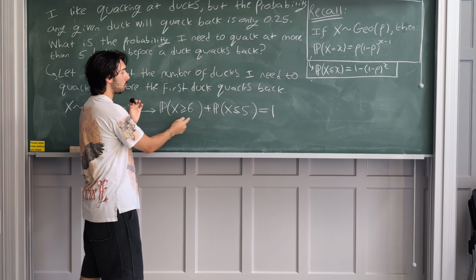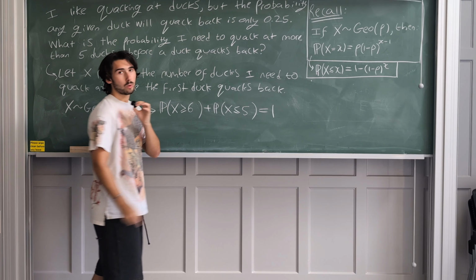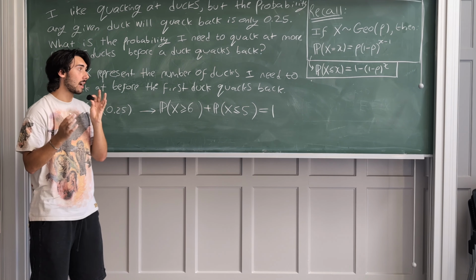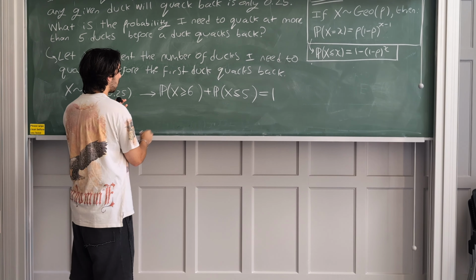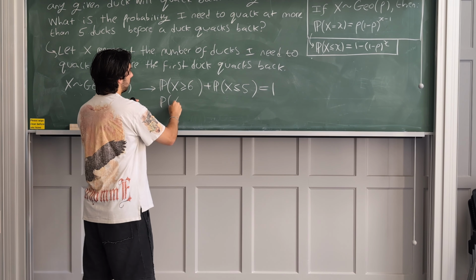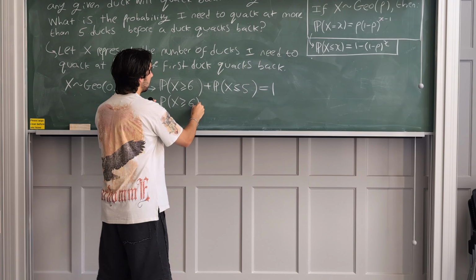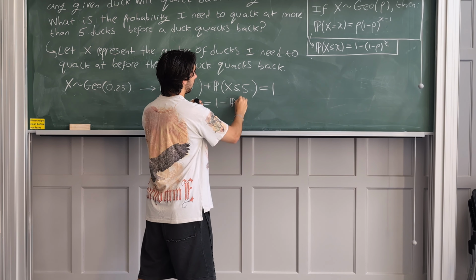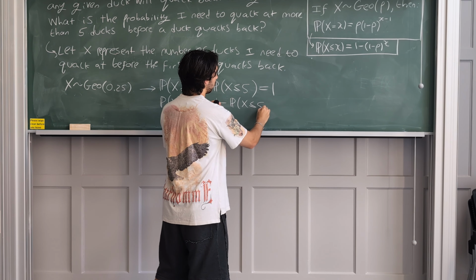Either x is bigger than or equal to 6, or it's less than or equal to 5. So the sum of all of those probabilities should add up exactly to 1. That means that the probability that x is bigger than or equal to 6, this is what we're looking for, is 1 minus the probability that it's less than or equal to 5.